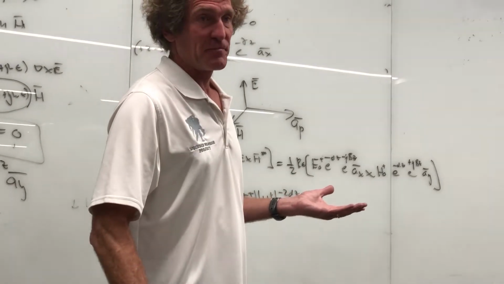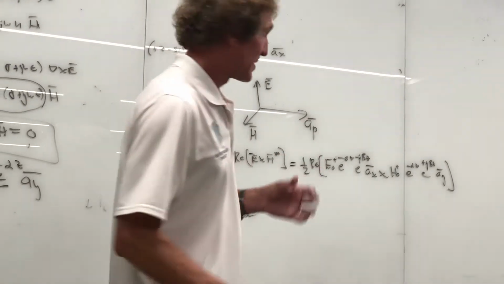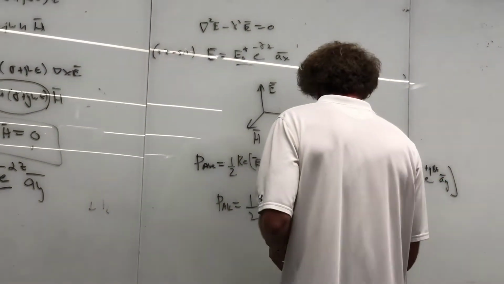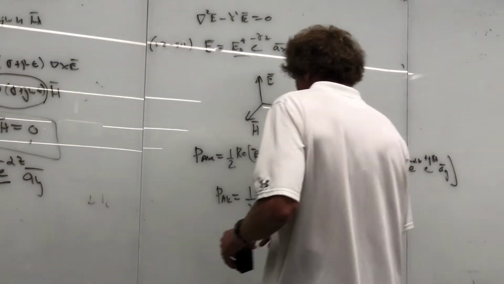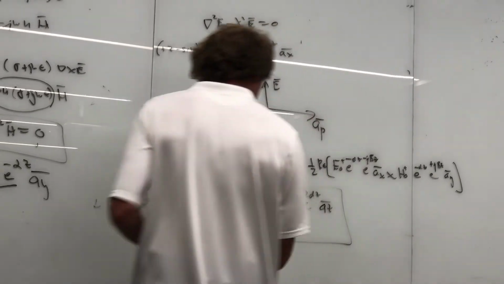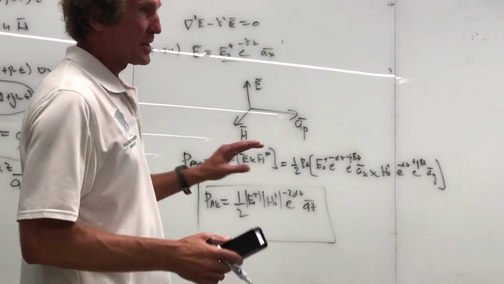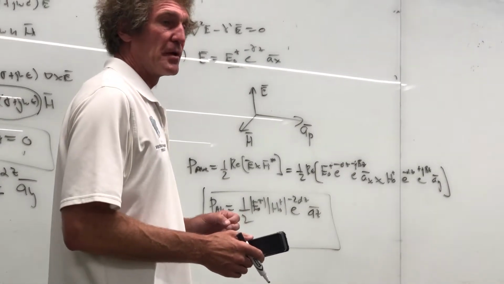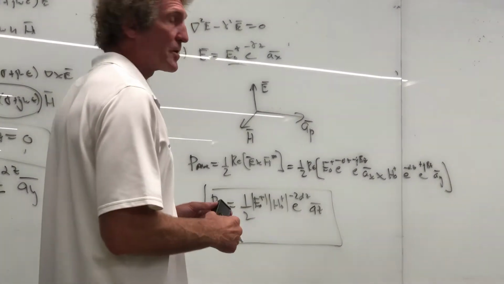It's 0, isn't it? E to the 0 is 1. And that means AX crossed AY is AZ. And that's the power flow, the average power flow. But now we're going to relate E to H, E naught to H naught. And this is a real important value. You're going to see this all the time.